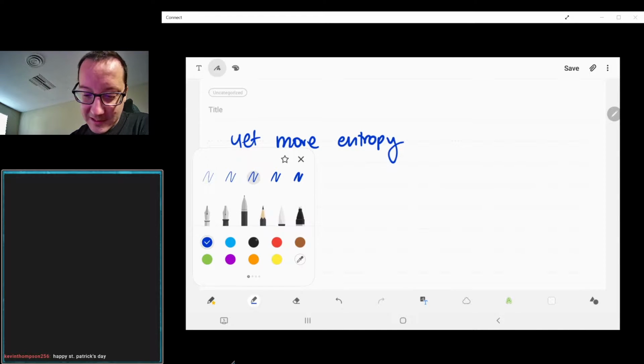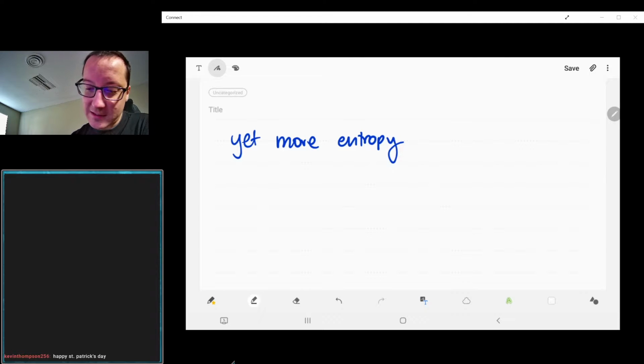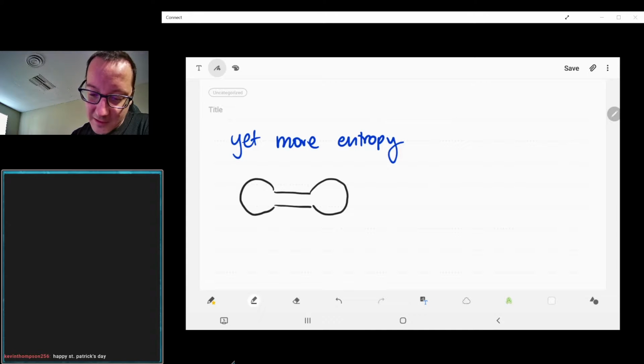So if we think about entropy as... we kind of talked about yesterday having a container that had a barrier in the middle. I'm just going to copy this one because we're going to need it a couple of times.